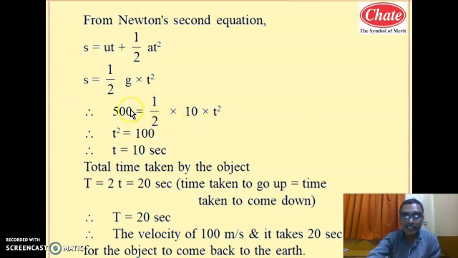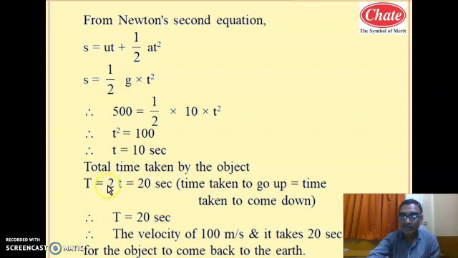Simplifying this, 500 into 2 is 1000, 1000 by 10 is 100, hence t square equal to 100 and t equal to 10 seconds. This is the time taken by the object to move from the highest point to the ground. Hence the total time taken from the point of throw to again reaching the ground is twice this calculated value.